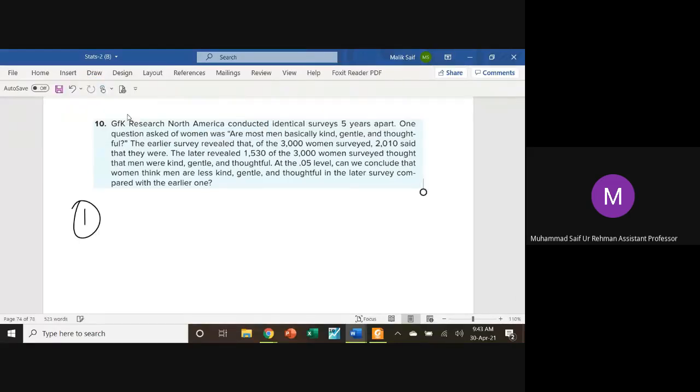Null and alternate hypothesis first. H naught, H1, pi. So you have to see what subscript you are going to give.